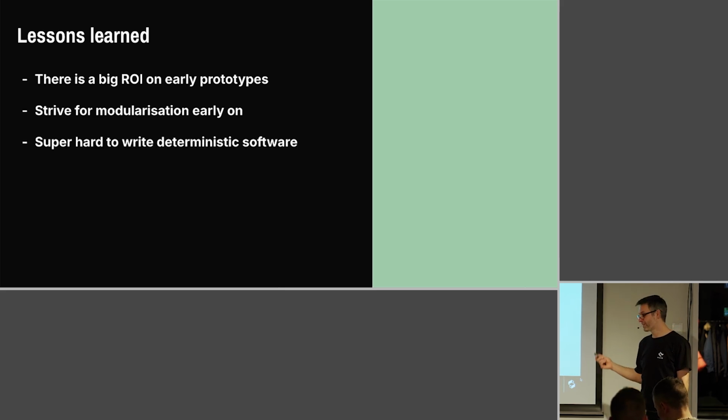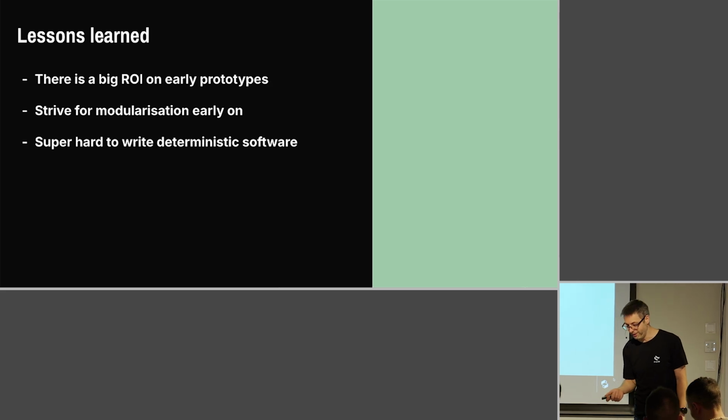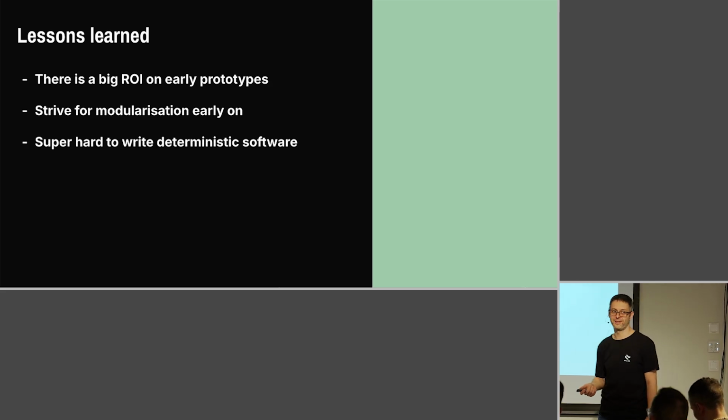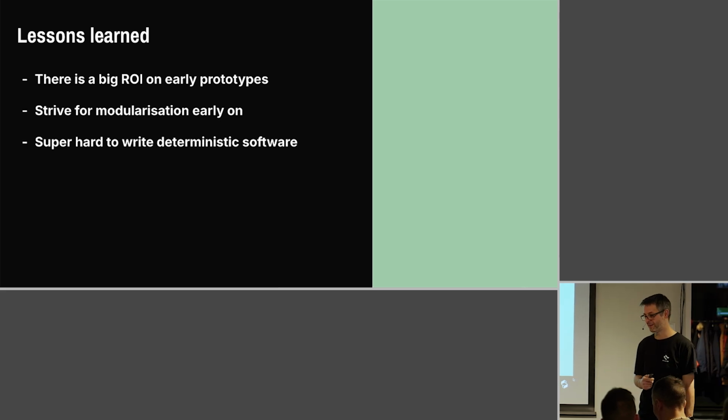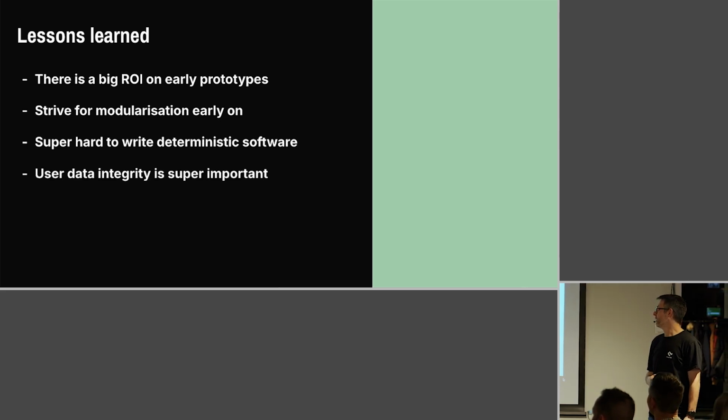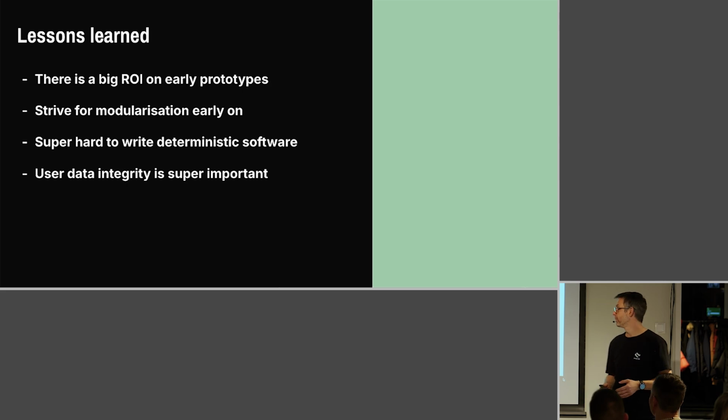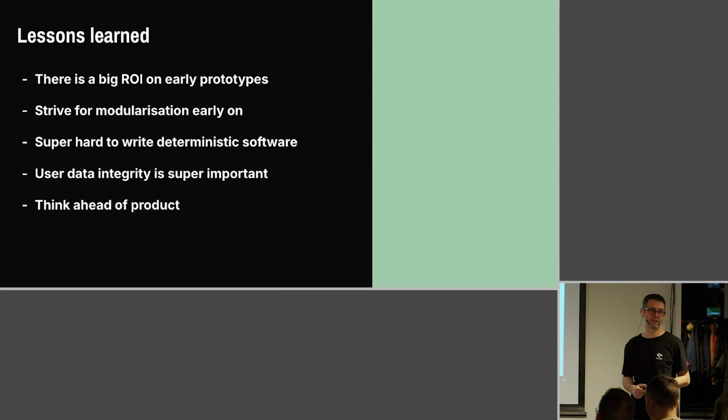Another lesson is that it's super hard to write deterministic software, if it's possible at all. And if you can't do that, you have to somehow work around it. Because users' data is really important, you have to keep the user data integrity intact.